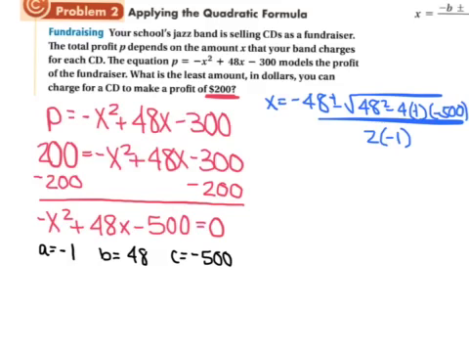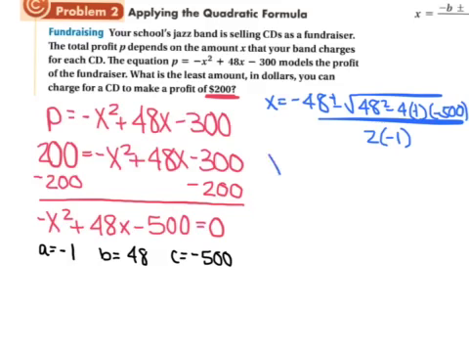Yes, you can certainly use your calculator for this. You don't have to do this in your head. So when you're putting the number under the radical into the calculator, just enter it as you see it: 48 squared minus 4 times negative 1 times negative 500. You can't do plus and minus in a calculator.